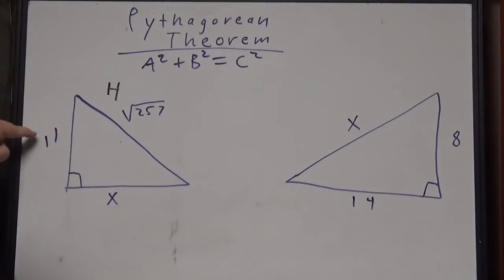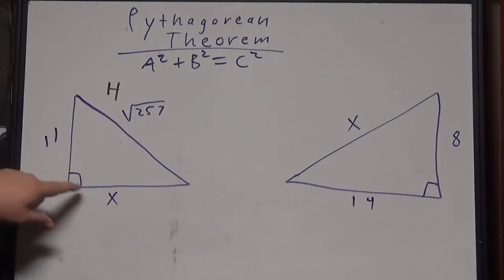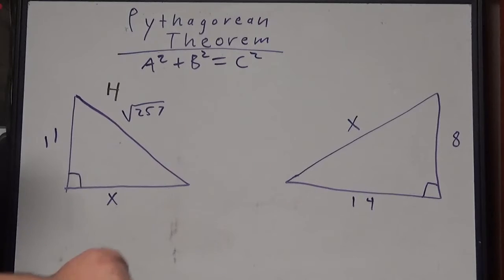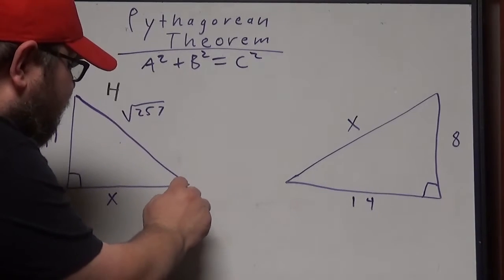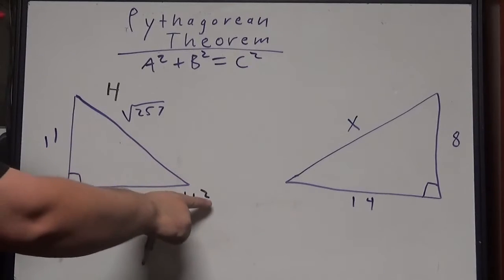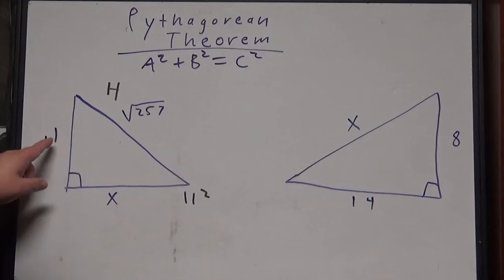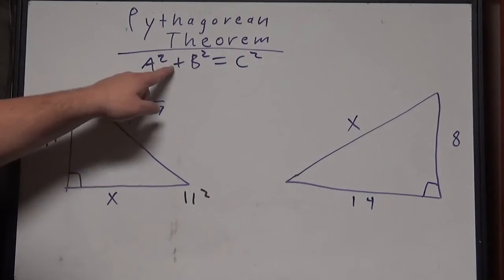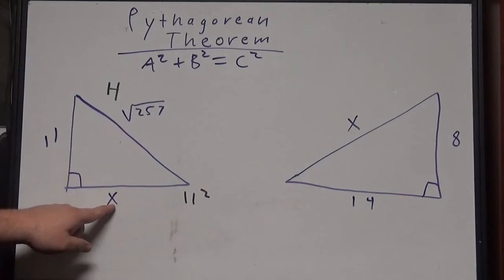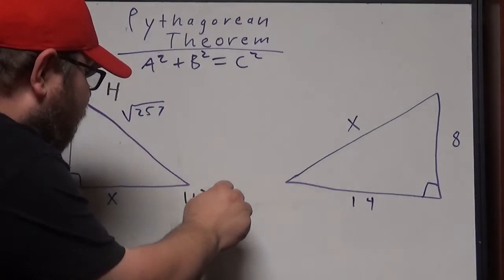That means, again, a leg, one of the sides that is not the hypotenuse, I'm going to write as the first side squared. Notice I put the square as the second power. Then I'm going to put plus the other side squared. Here it's x. We don't know what x equals right now, and that's okay.